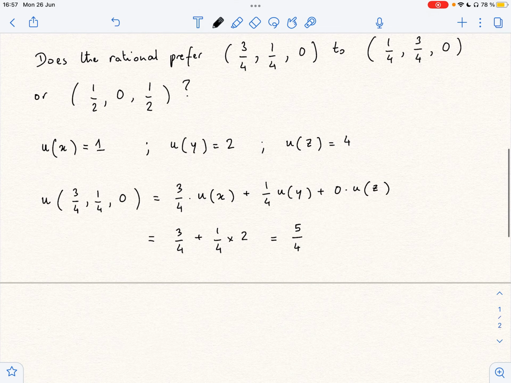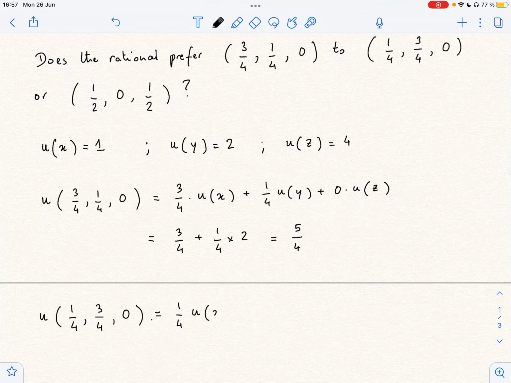Then the second lottery, I'm going to use the same principle. I'm going to compute an expected utility, a weighted average in some sense, of the utilities over the different alternatives. So here it would be 1/4 times u of x plus 3/4 times u of y, plus 0 times u of z.